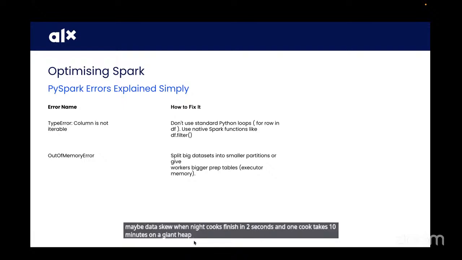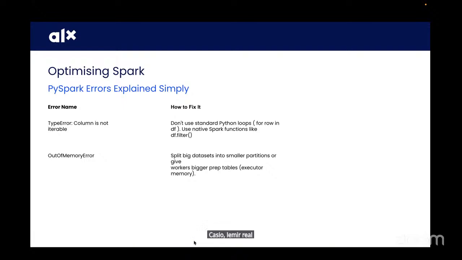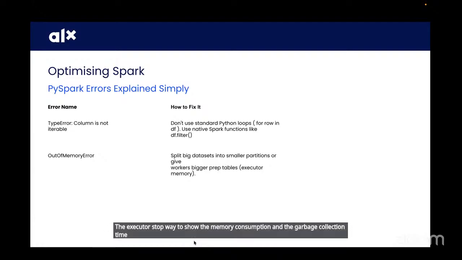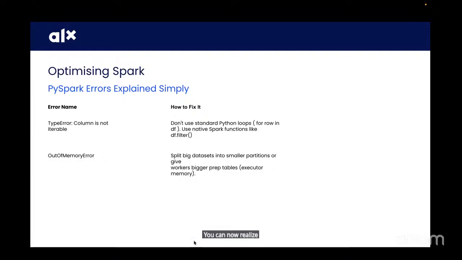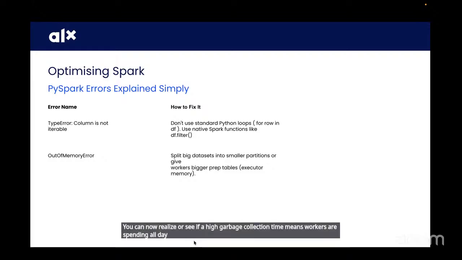You can say, oh, let me reallocate stuff. In the storage tab, you see saved data sets stored in memory, so you can see if the RAM is filling up. The executors tab shows the memory consumption and the garbage collection time. You can see if high garbage collection time means workers are spending all day cleaning up dirty dishes instead of cooking.